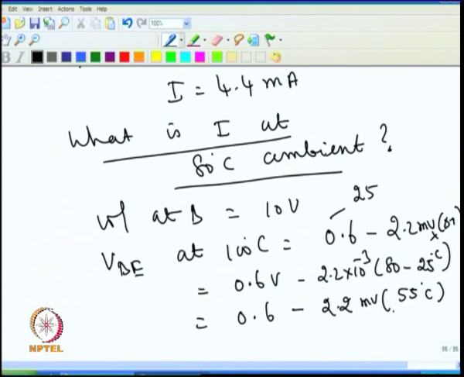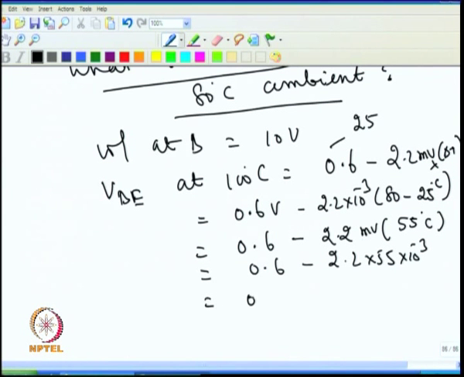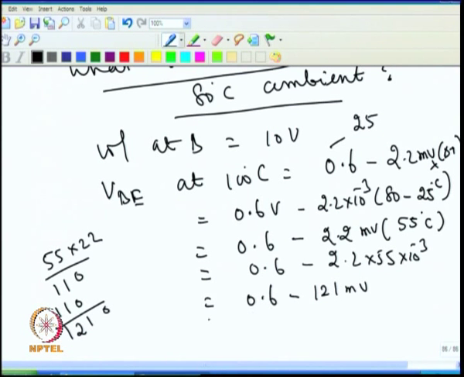So that comes out to be 0.6 minus 2.2 into 55 into 10 power minus 3. 2.2 into 55 comes out to be 121 millivolt, that is 0.6 minus 0.12, that will be 0.48 volt.